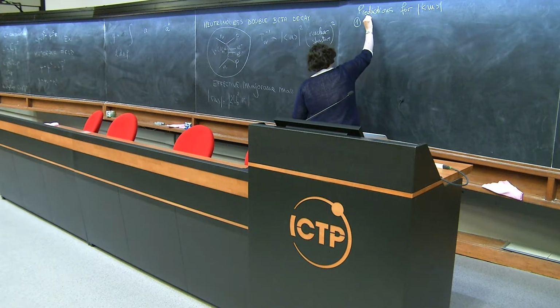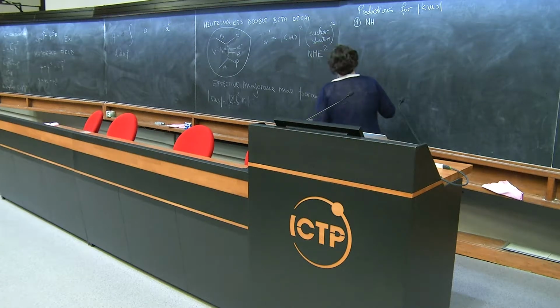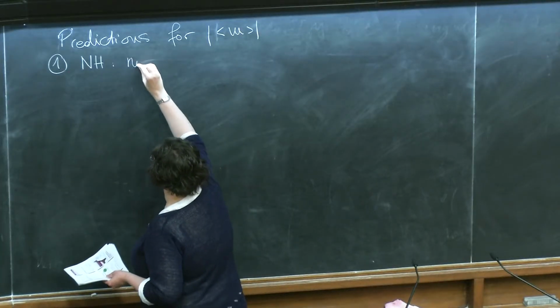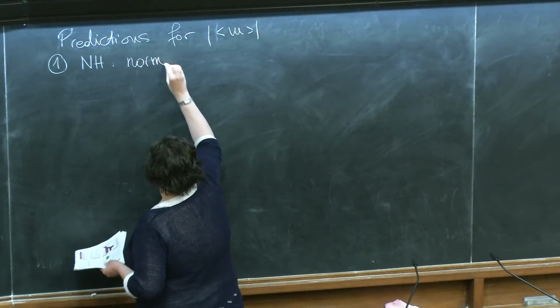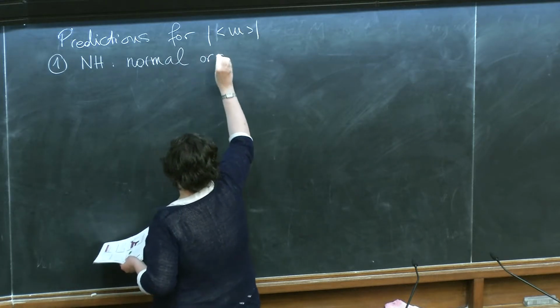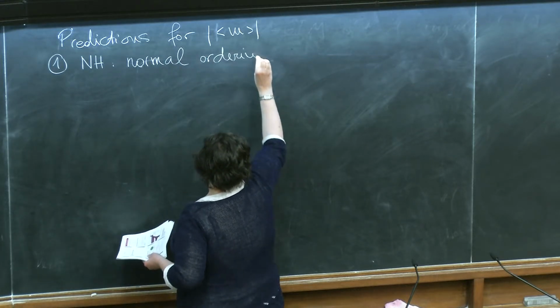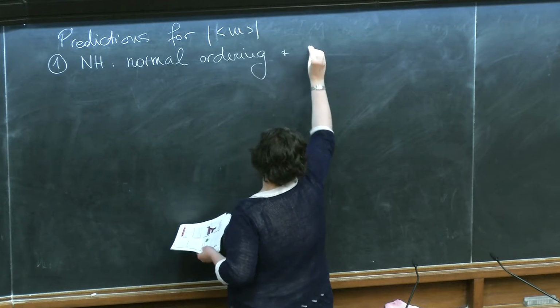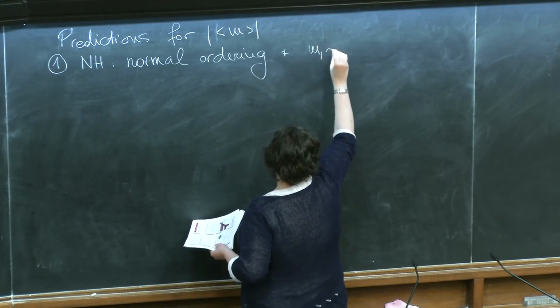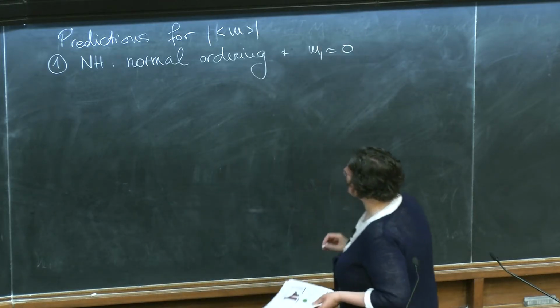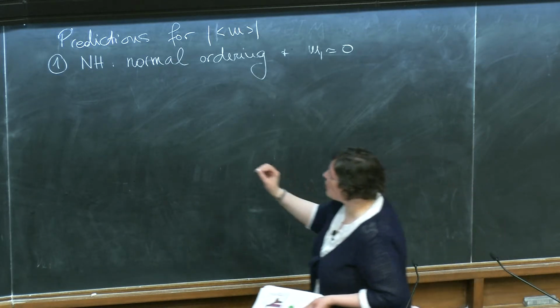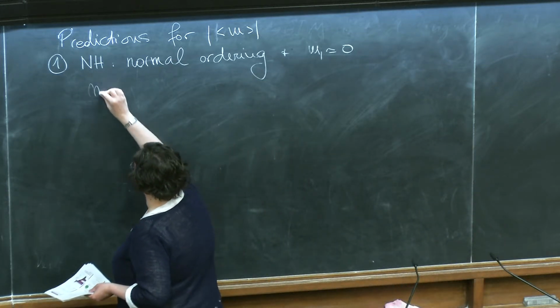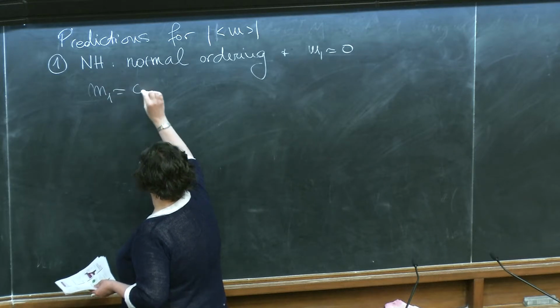So the first case we consider is the normal hierarchical spectrum, which means that we have normal ordering plus the fact that the smallest mass is negligible. If we do this, then we know what M1, M2 and M3 are. M1 is negligible.